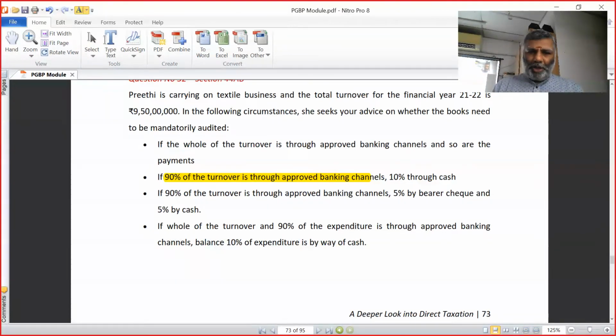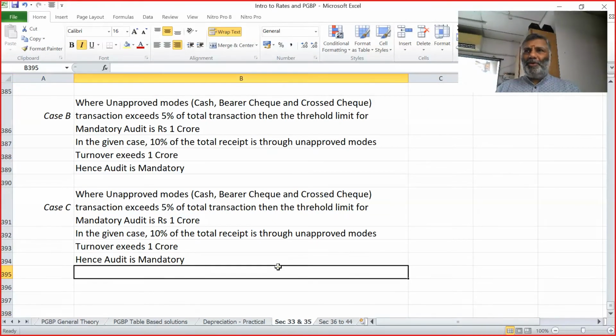If the whole turnover and 90% of expenditure, then also okay.